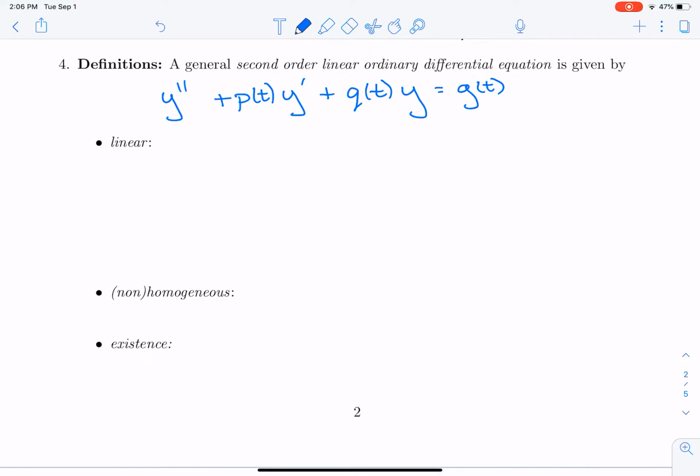So what makes this a linear ordinary differential equation? Well, we can say that the operator, which is what is done to y on the left side of the equation, so the operator L, which is d squared dt squared plus p of t times d dt plus q of t, that operator is linear.